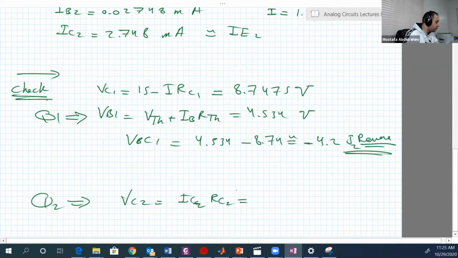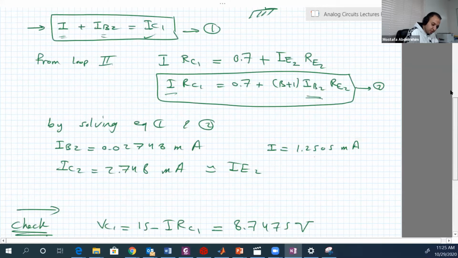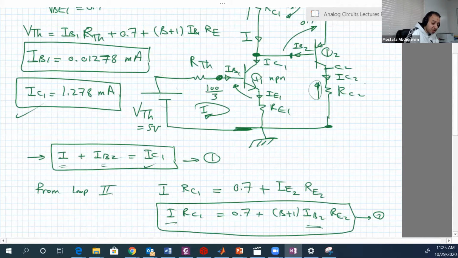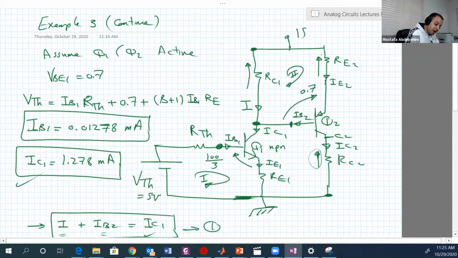So this will be equal to 7.42. Now VB2. Base 2 has the same voltage as VC1, because the base of Q2 is connected to the collector of Q1.